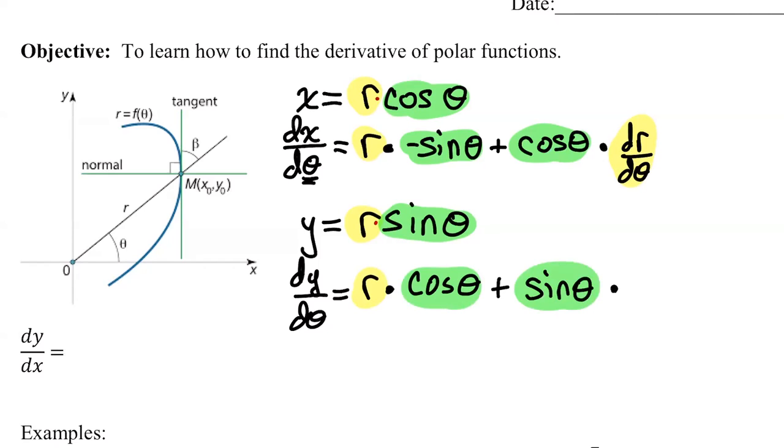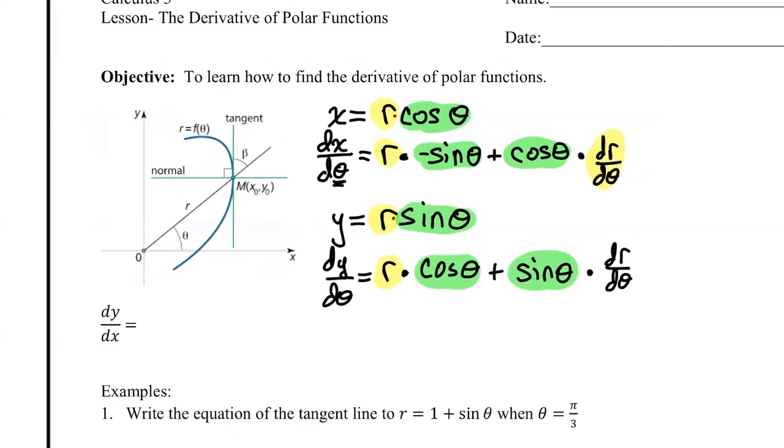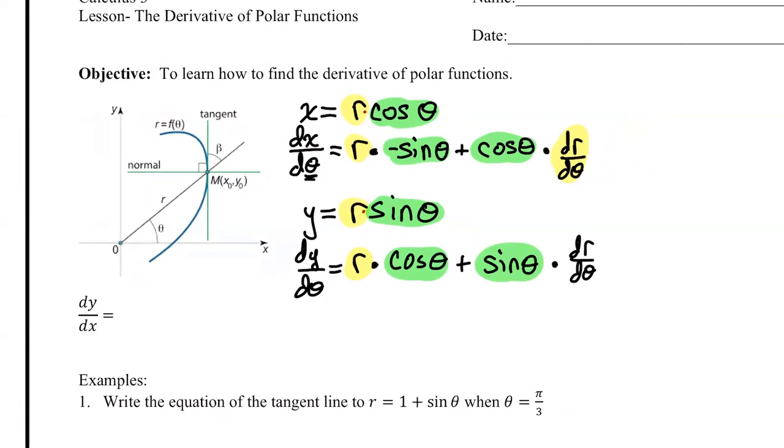Again, the derivative of the r function with respect to theta, dr d theta. All right. So I now have the two bits and pieces that I need in order to come up with dy dx. I just got to divide them. So that's the key ingredient there.